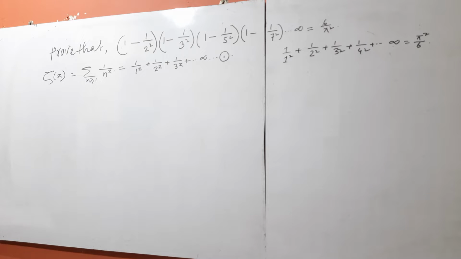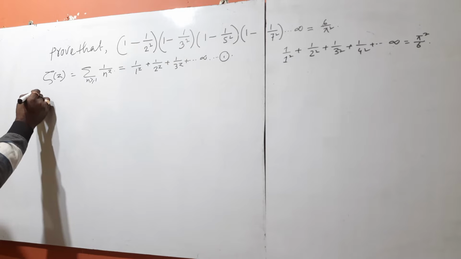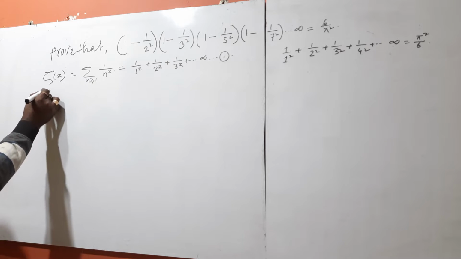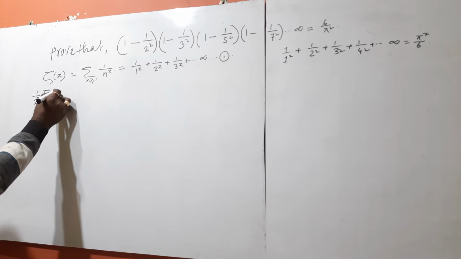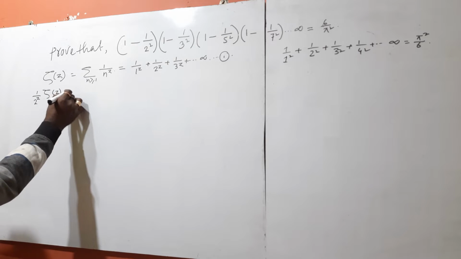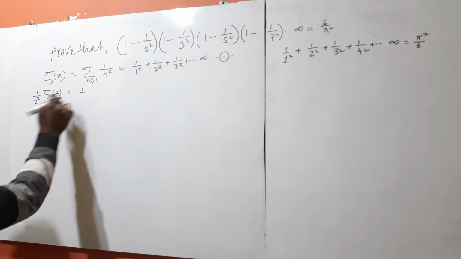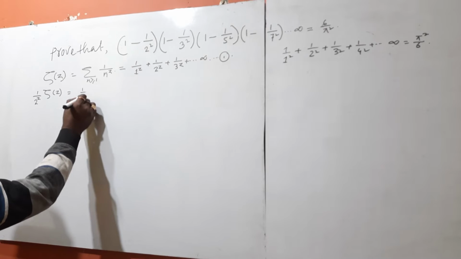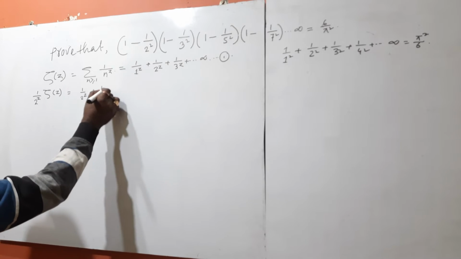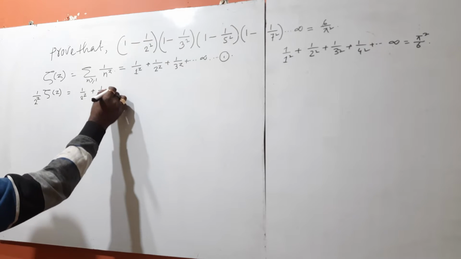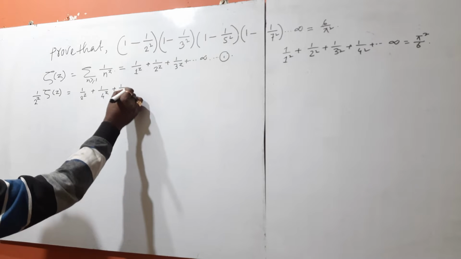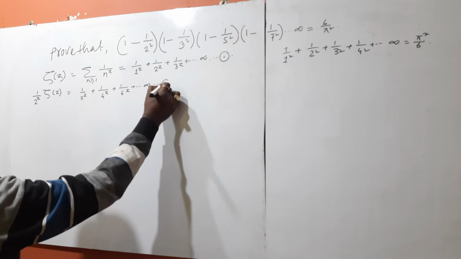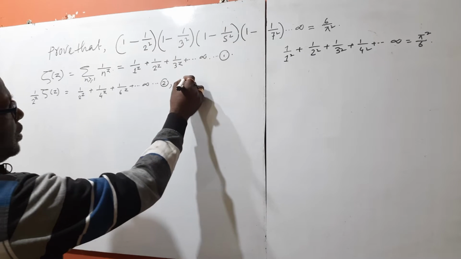Now multiply this equation by 1 over 2 to the power z, then we get 1 over 2 to the power z plus 1 over 4 to the power z plus 1 over 6 to the power z plus and so on to infinity. That is equation number 2.